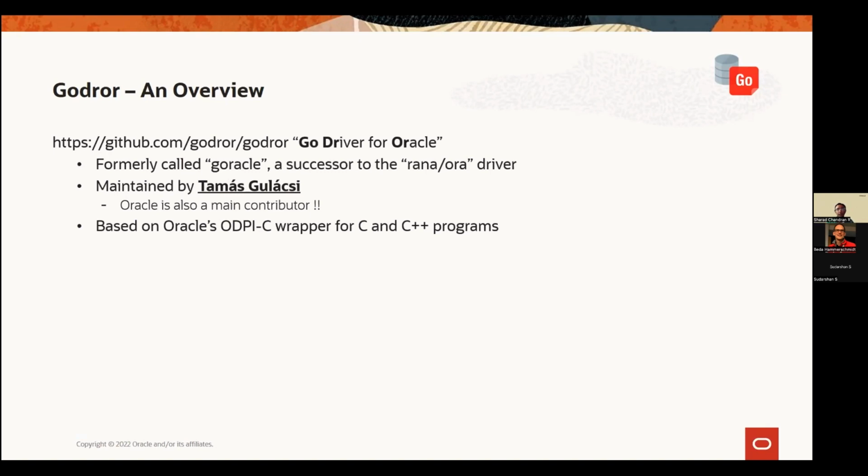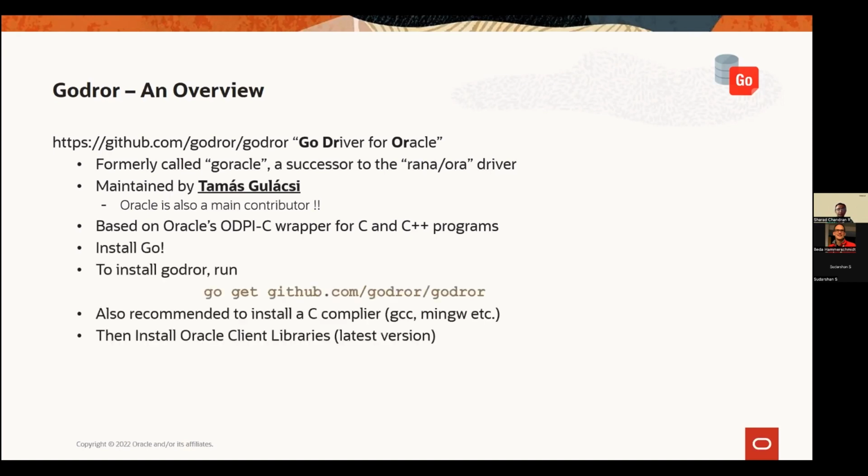So Godror is based on Oracle's ODPI-C wrapper, which I'll be touching upon, which is generally used for wrapping around the Oracle C libraries, which makes it easier to call the Oracle C functions for accessing the Oracle database. So how do you install this Godror driver?